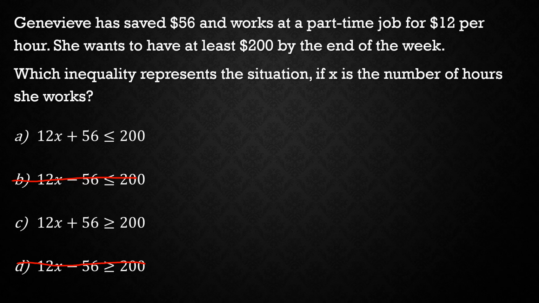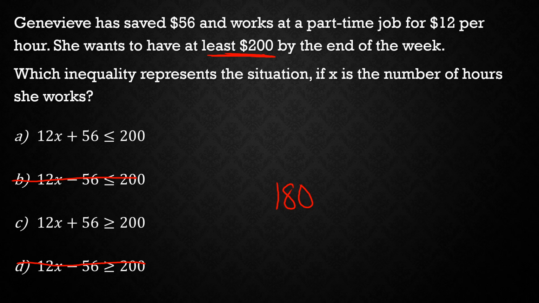The next part here is figuring out which way our inequality sign is going to go. And if I look, she wants to have at least $200, okay? So if she has like $180, is that at least $200? Say she needs $200 to buy this really fancy dress.